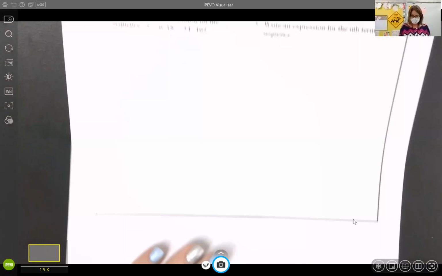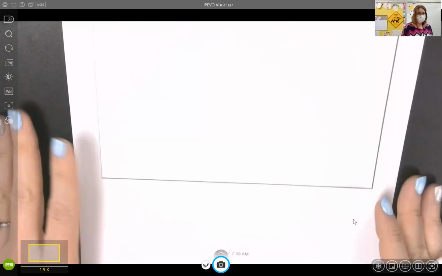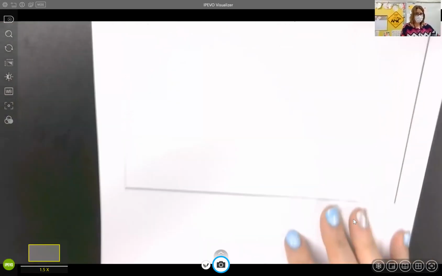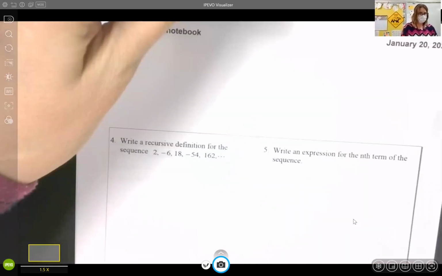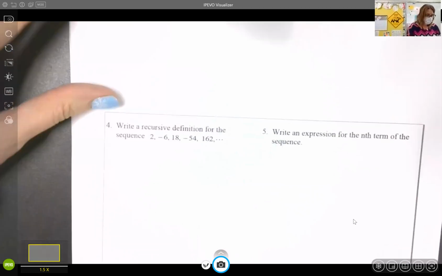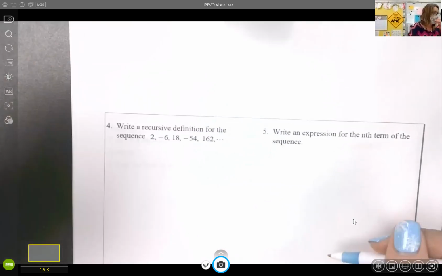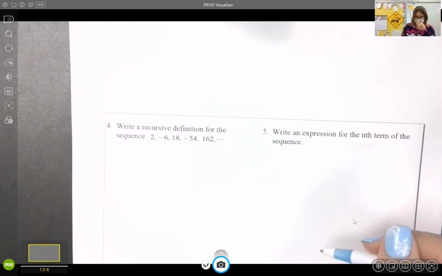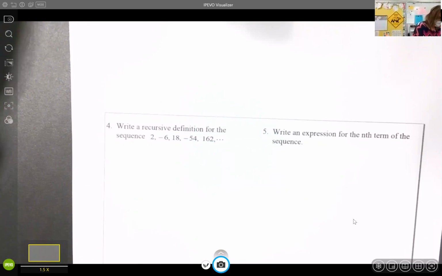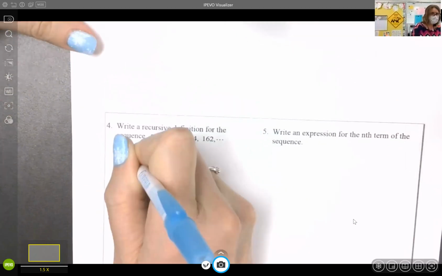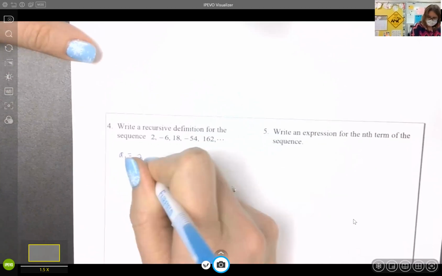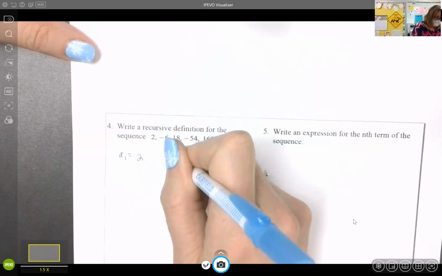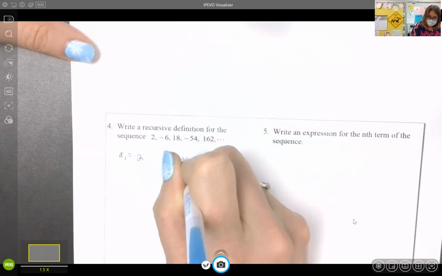So then it says write a recursive definition for the sequence. So you have to write down what A1 is. What's A1? A1 is 2. And then if I'm doing A sub k plus 1, that's A2, right?